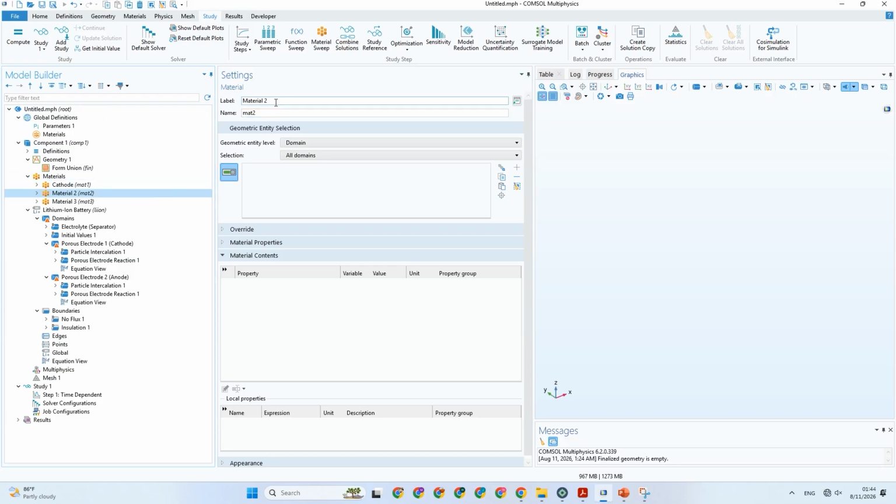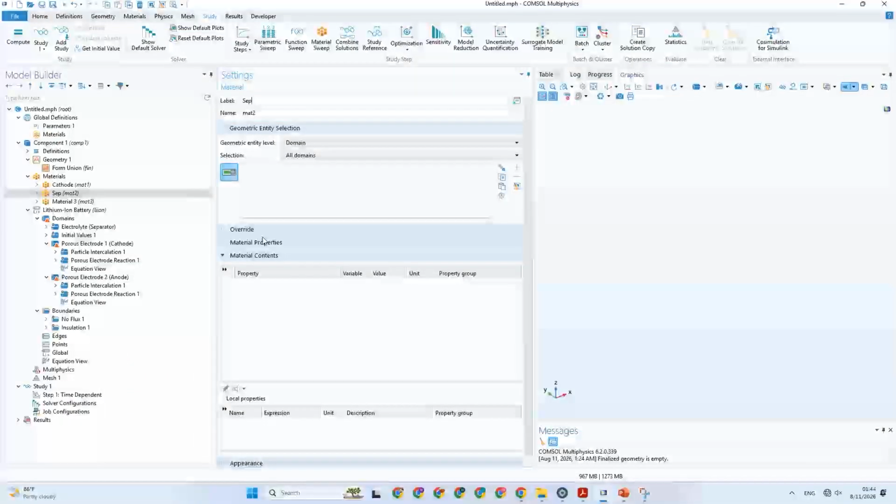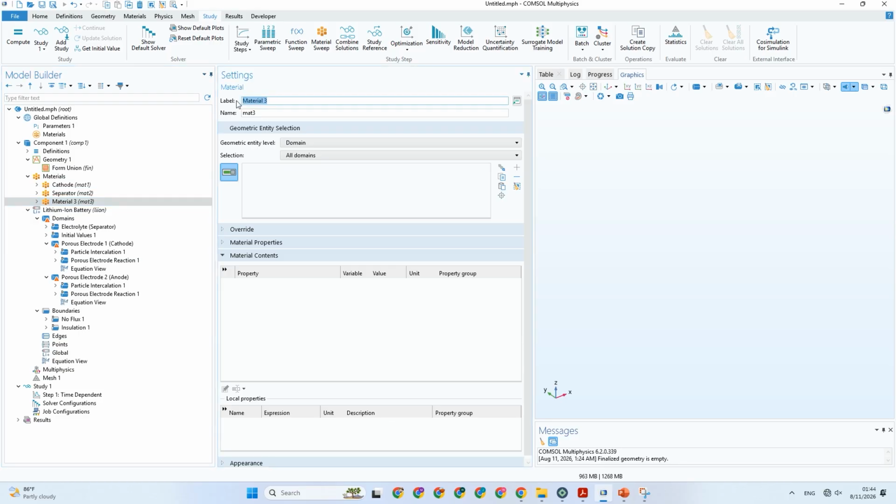This one as separator, and the second as anode.